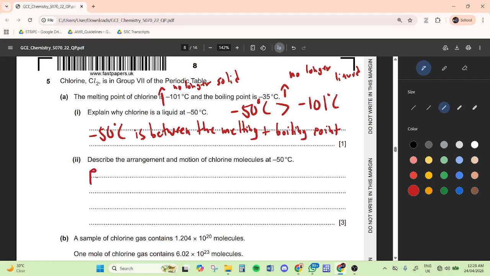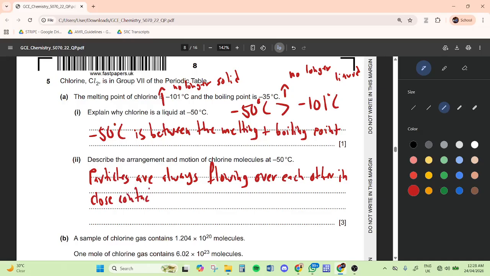Particles are always flowing over each other in close contact with one another.